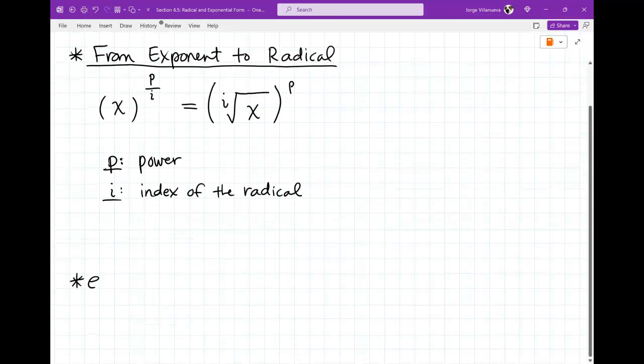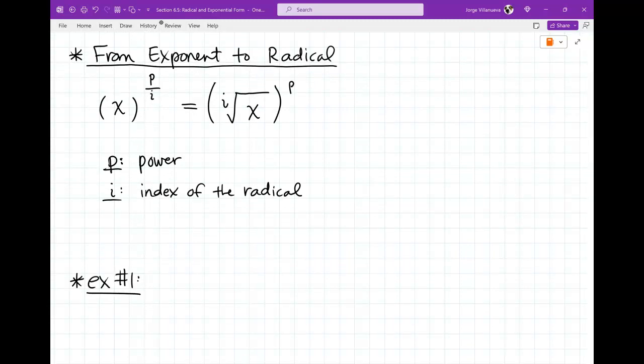So we'll put example number 1. I'm just going to put right here, rewrite or convert to a radical.